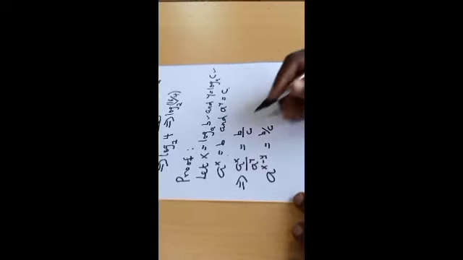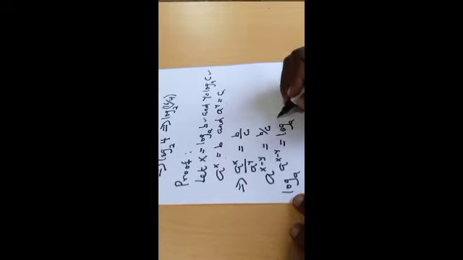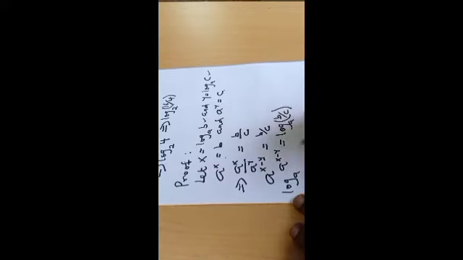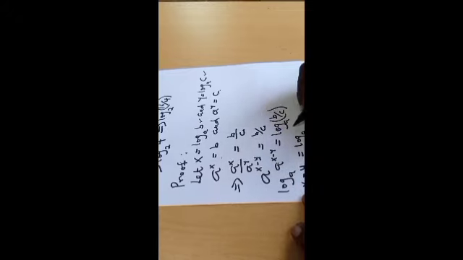Now that we have this, we can take log base a of both sides, and that is going to give us log base a of a to the power x minus y is equal to log base a of b divided by c. And so this and this are the same, and it is going to give us x minus y, which will be equal to log base a of b divided by c.